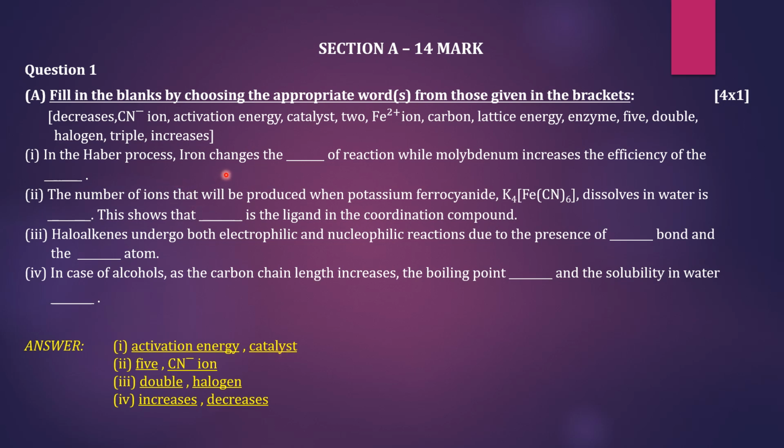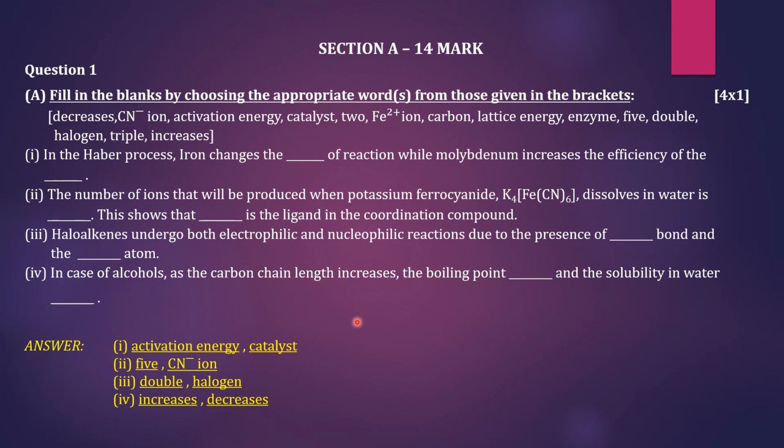In Haber process, that is N2 plus 3H2 gives 2NH3, the iron, finely divided iron dust, acts as a catalyst. Now if you see the role of a catalyst, if you take Arrhenius equation, that is K equals A into e to the power minus Ea by RT, you know the rate constant K can be increased in two ways.